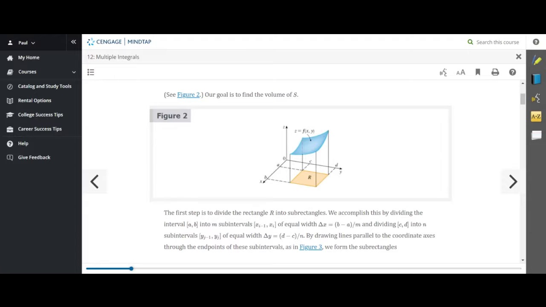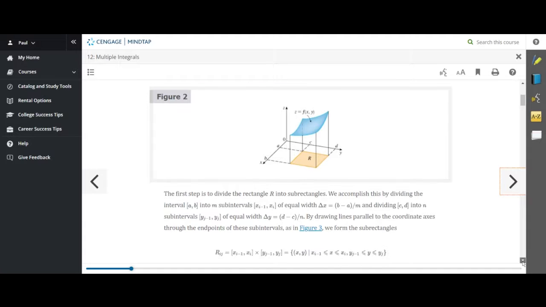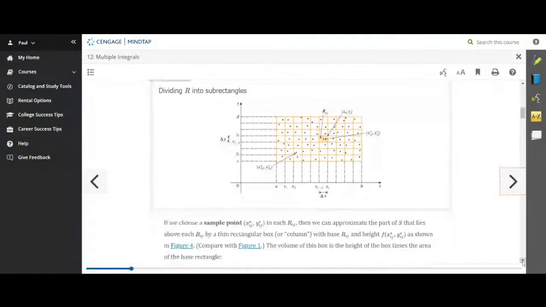Okay, so how would we estimate the volume underneath this surface over that region R in the xy plane? How would we do that? Well, without getting too technical, we could take the region and divide it into sub-rectangles, all of equal size.